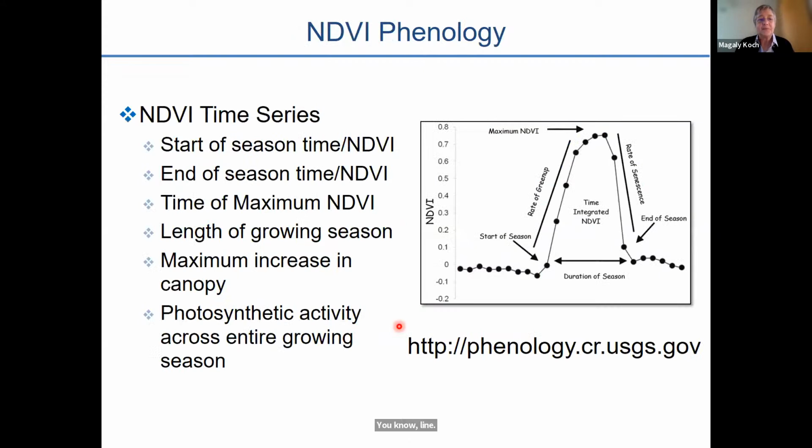And this NDVI index can be observed over time. And so it provides a value that can be used to indicate the stage of the vegetation greenness or growth stage.